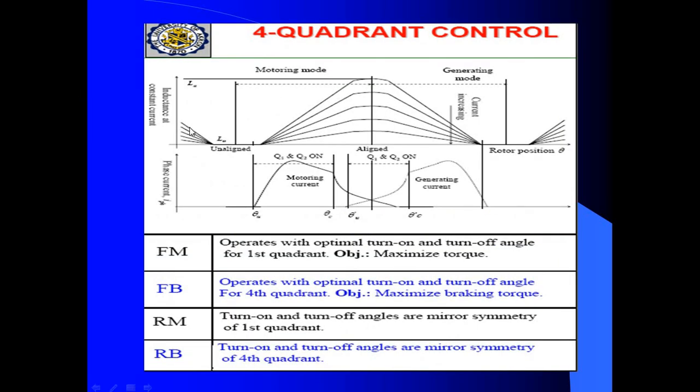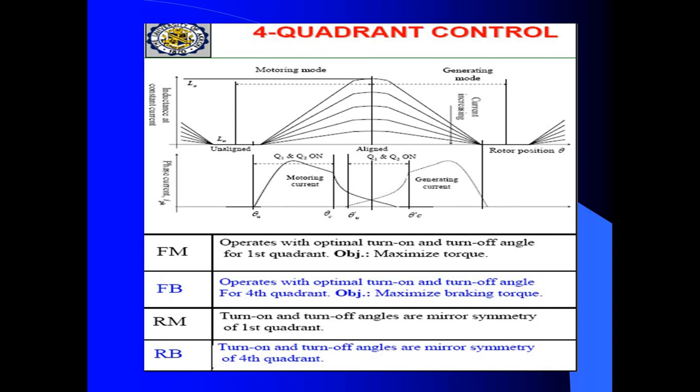Here the four quadrant controller in this diagram is represented: the first one is the current increasing, then another is the inductance of the controlled circuits, and then motoring and generating mode. Here the percentage of the unaligned and rotor position theta. Here the motoring current and then Q1 and Q2 are in on position.